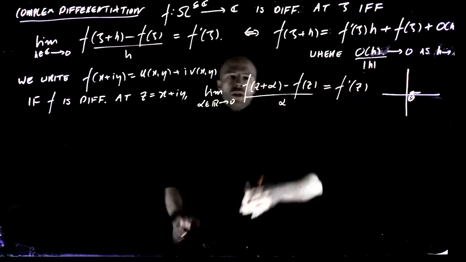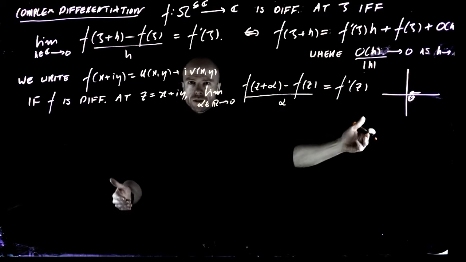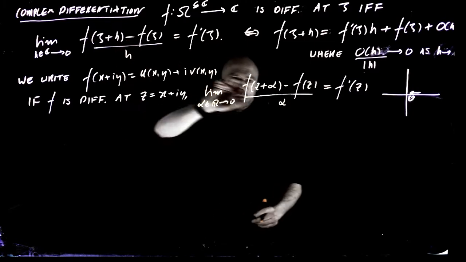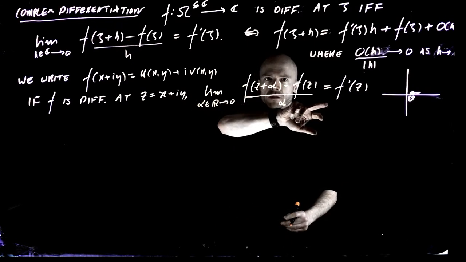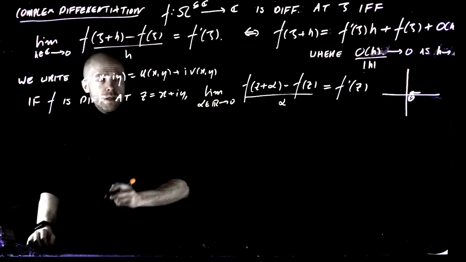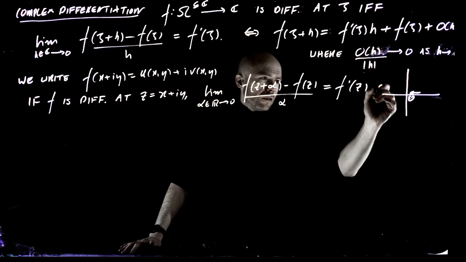That's the definition. Alpha being real is still a complex number, right? Because the real numbers are contained in the complex numbers. So this thing implies this thing, right? And let's write out what that means in terms of u and v. So let's call this thing star.